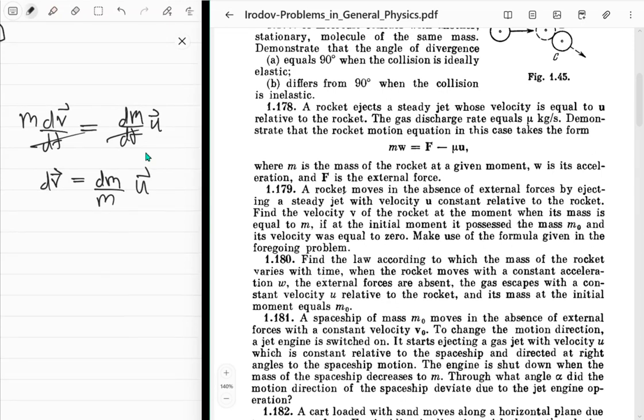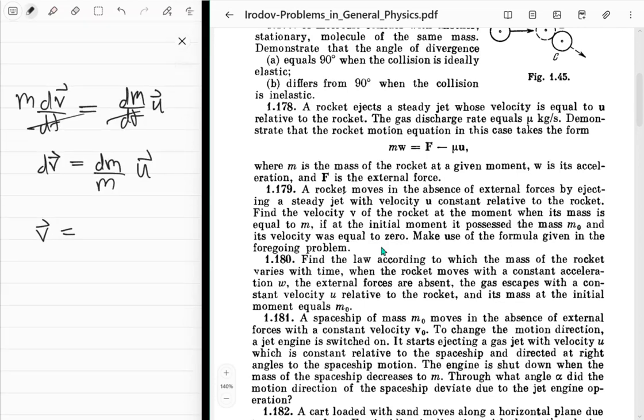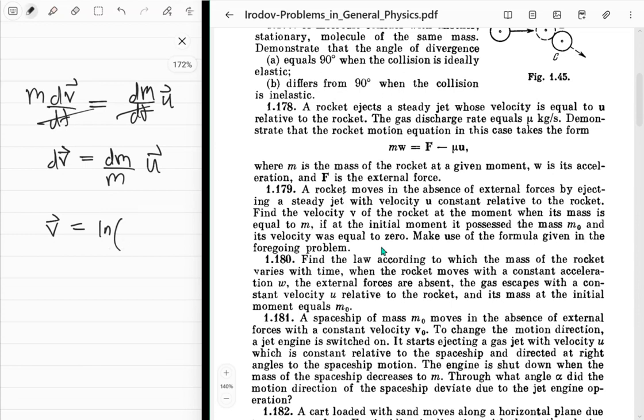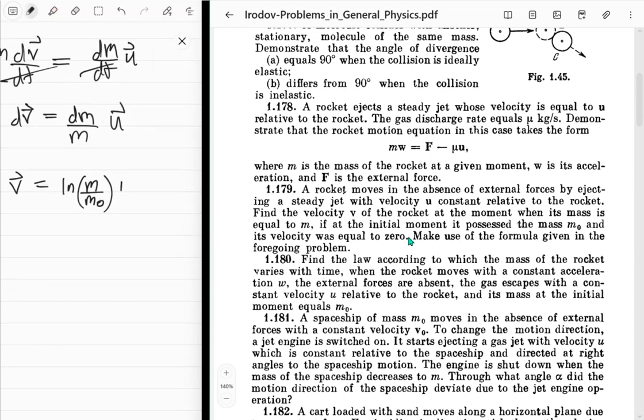Okay, so integrating, you just get v. What we want is velocity of the rocket at the moment when its mass equals m. Initial moment it possessed m naught and its velocity was equal to 0. So v minus 0, I should say, v vector, is natural log of, now its mass is m, and initially its mass was m naught, times u vector.